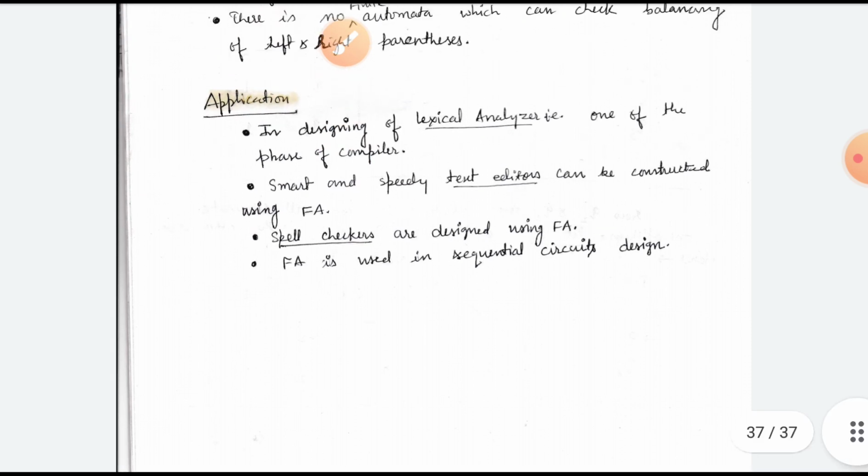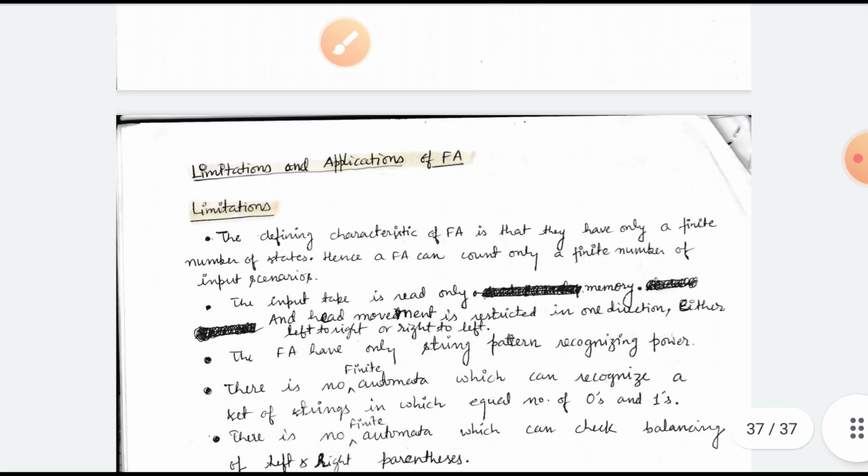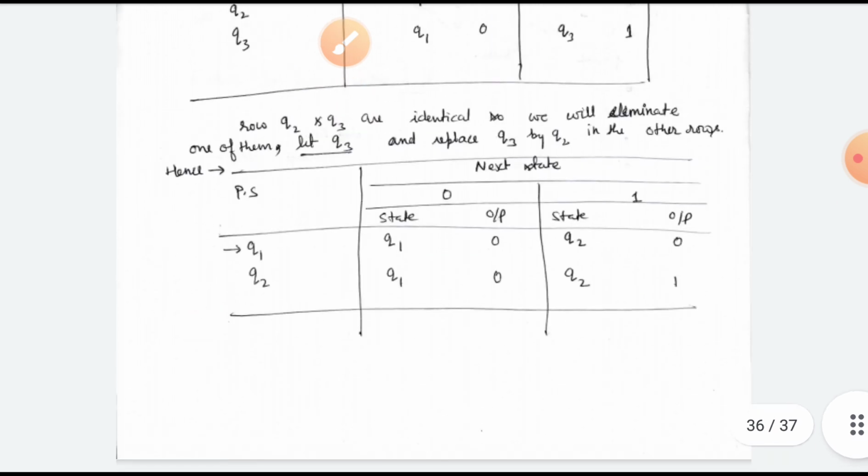Now we will start the revision of the third unit, regarding context-free languages, and we will start it in the next video.